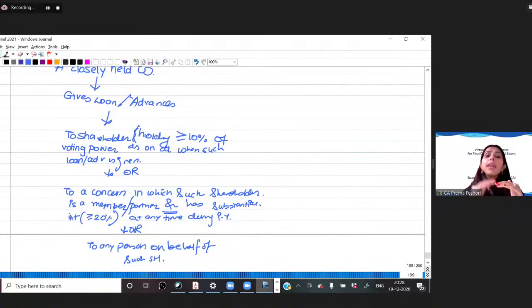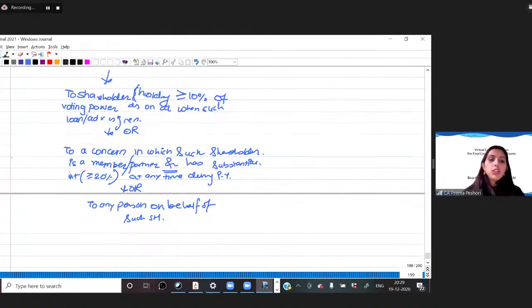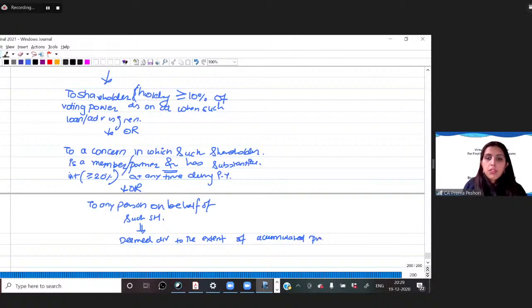Or it makes a payment to any other person on behalf of such shareholder, then that will be considered as deemed dividend to the extent of the accumulated profits, right?